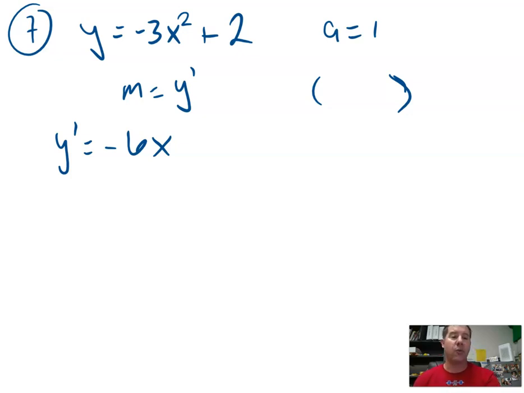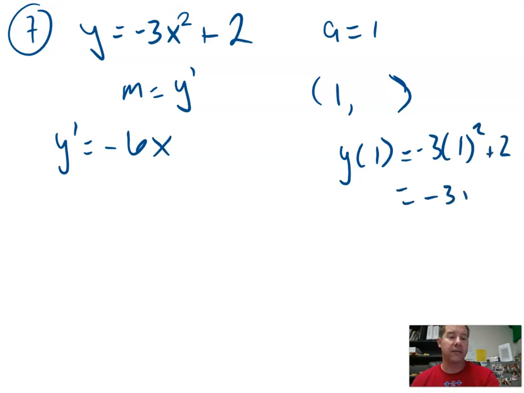I know I want it at a equals 1, so that is my x coordinate. So I need to go find the y coordinate by plugging into y. And I get negative 3 times 1 squared plus 2, or negative 3 plus 2, or negative 1. All right, so now I've got a point. And now I just need the slope, y prime, at 1.